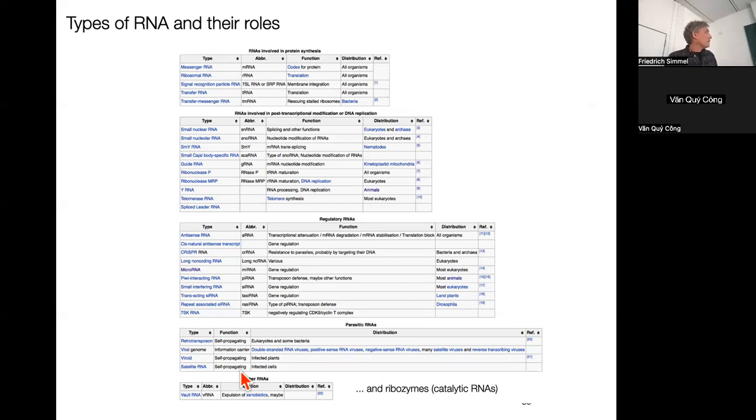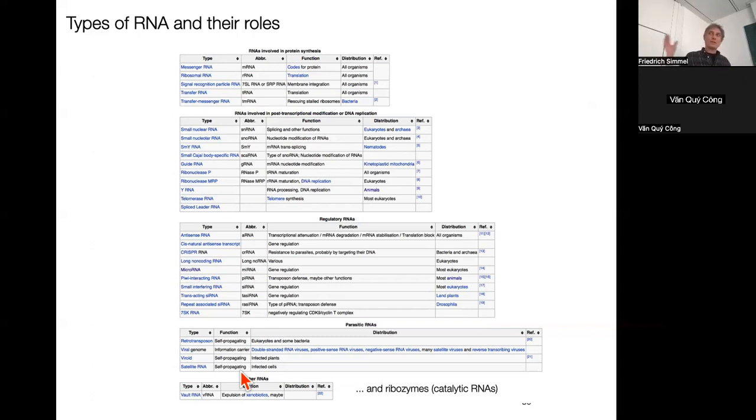And it also turns out, and I think we talked about this in the last lecture, that only a small fraction of the human genome codes for proteins. I think it's only about 2% or so. And all the rest of the genome codes for some type of RNA. So it's not that the rest of the genome is silent.